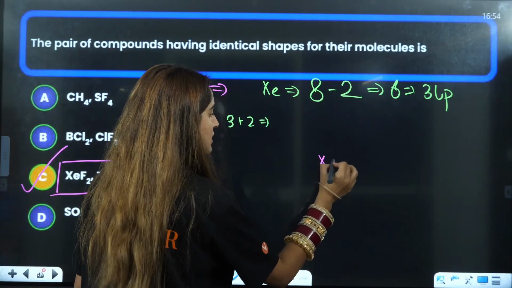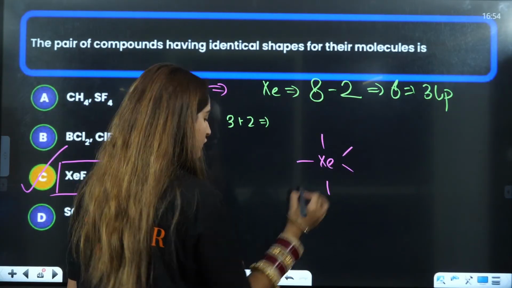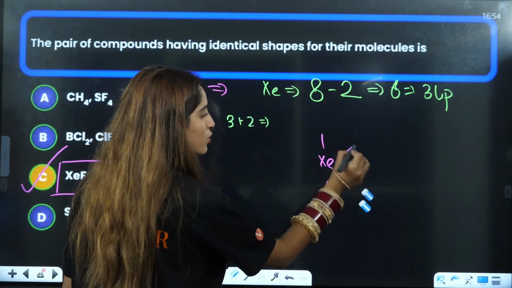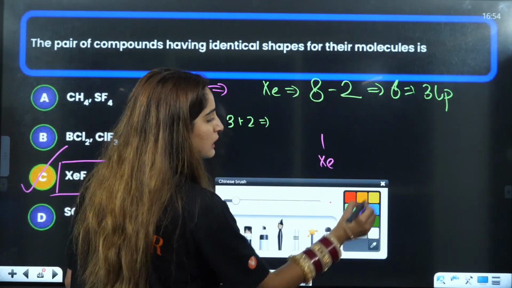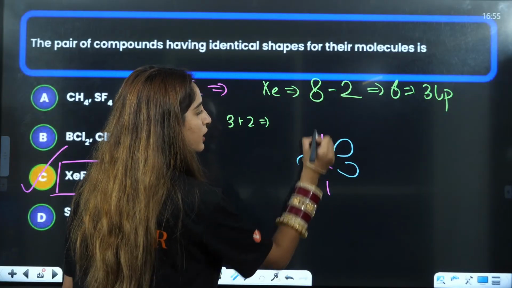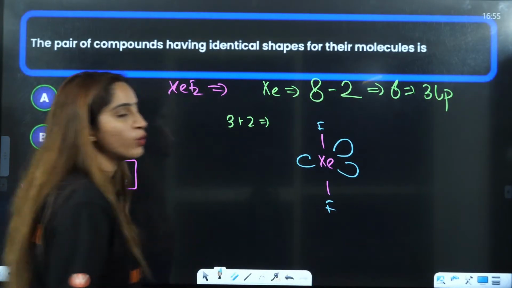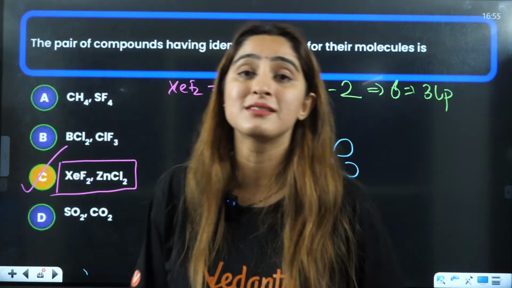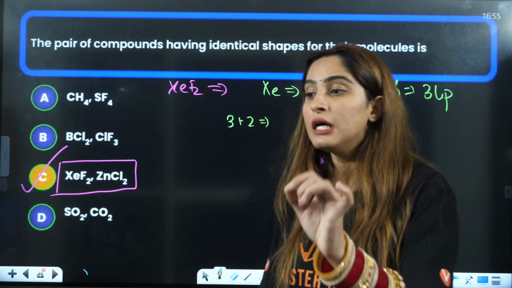So it is Xe with 1, 2, 3, 4, 5. Here you have 3 lone pairs, and the lone pairs will be on the equatorial position, and it is going to show you a linear shape. ZnCl2 also has a linear shape.